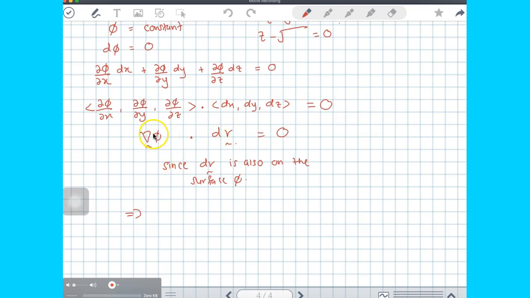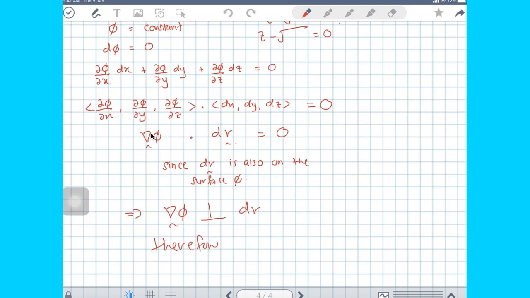Since the gradient phi is perpendicular to the tangent vector, therefore the gradient phi is also perpendicular to the surface phi, because of the dr here.